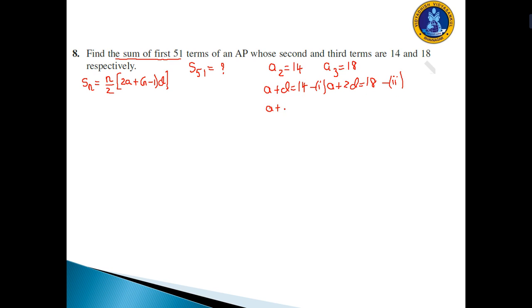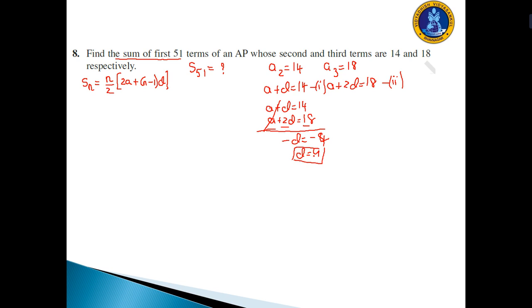A plus D is equal to 14. A plus 2D is equal to 18. So subtracting, we have got minus D is equal to minus 4. Therefore D is equal to 4.